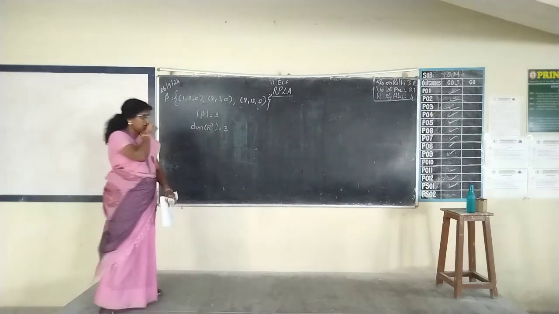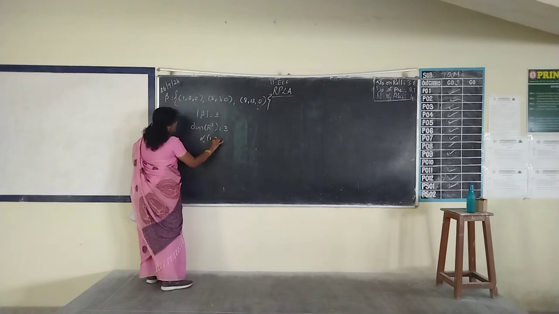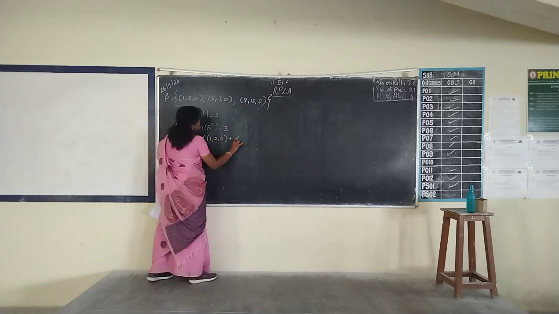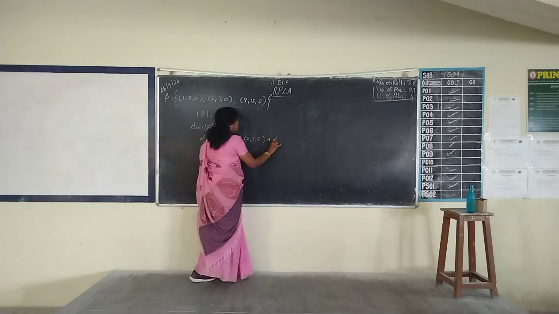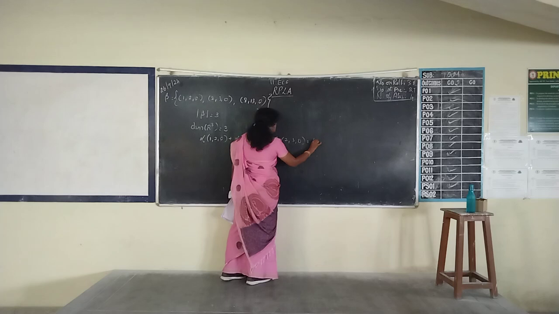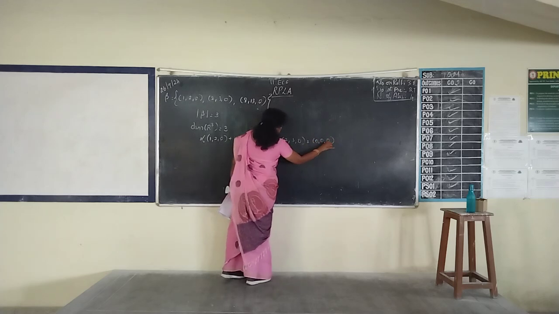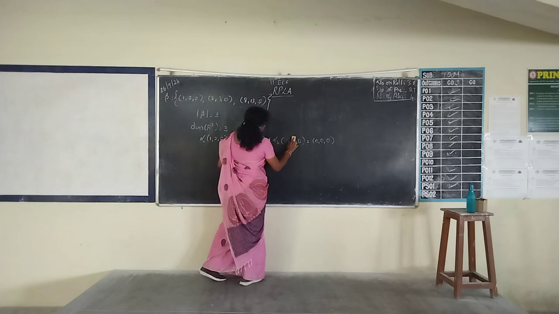Let alpha 1 (1, 2, 0) plus alpha 2 (2, 3, 0) plus alpha 3 (8, 13, 0) be equal to (0, 0, 0).